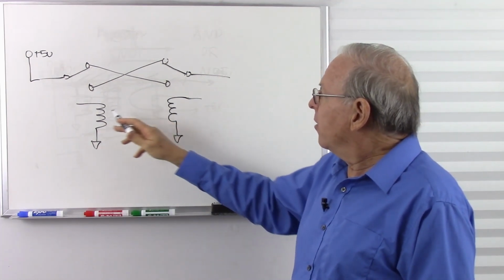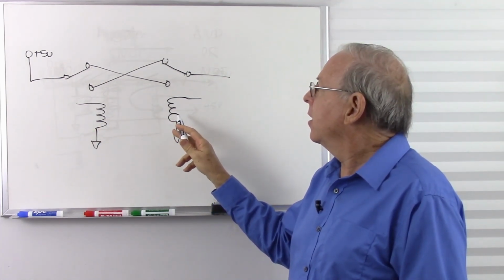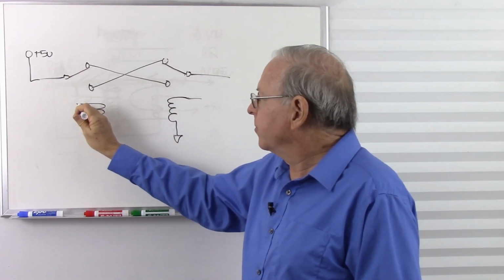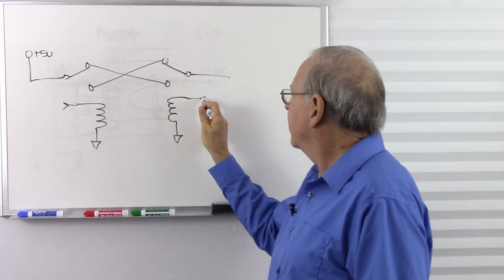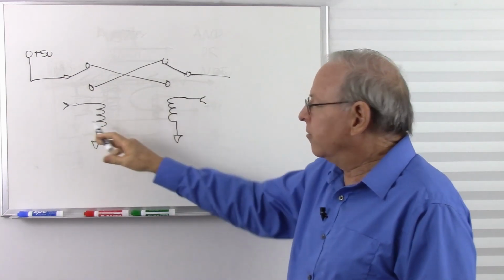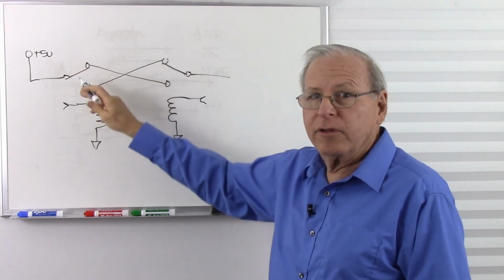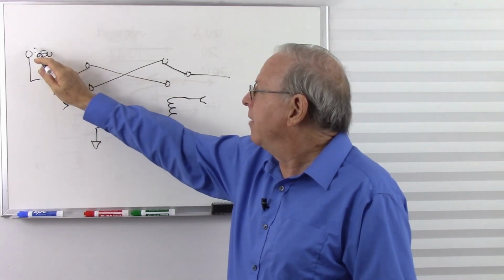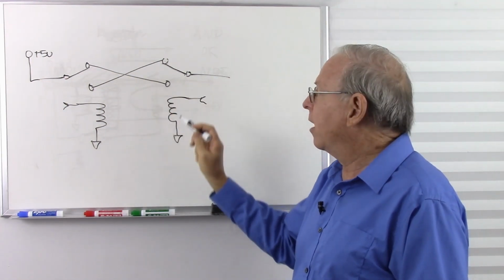And now if both relays are not energized, so here's my two inputs, and let's look at it now. These are not energized, so both of these switches are in the up position, and we follow this over, no output.